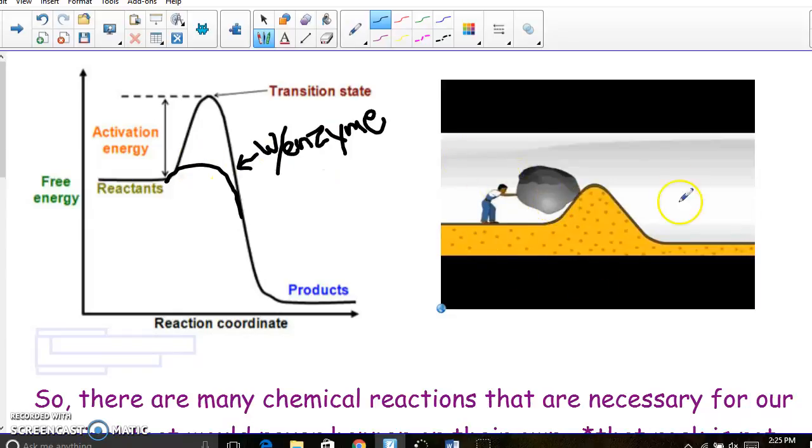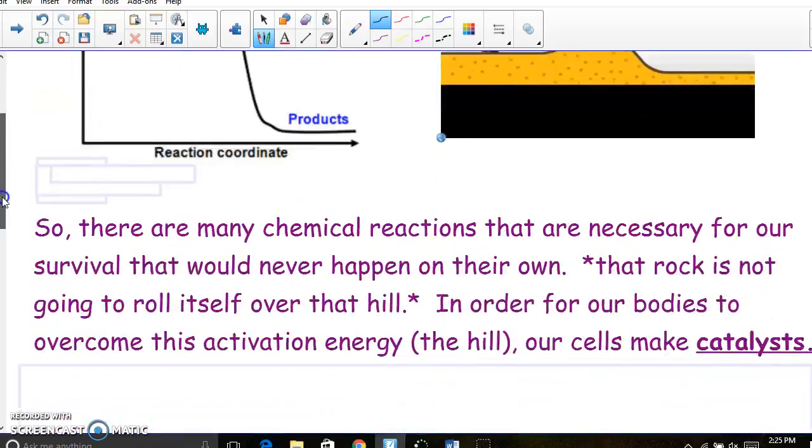Anyway, and there's also a video. If you see this, it's on my YouTube channel. It explains the same thing, how activation energy works. It explains this table and how enzymes just make the chemical reactions happen easier. It requires less energy. And when it requires less energy, it happens faster and easier, and that's why enzymes are catalysts. That's why enzymes make chemical reactions happen faster.